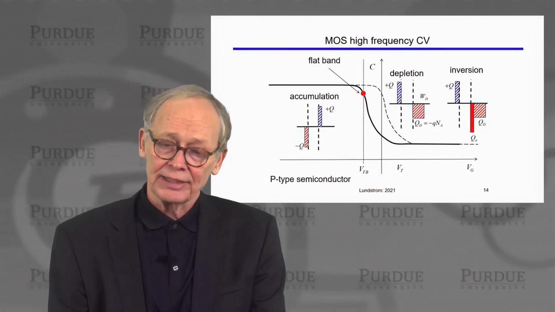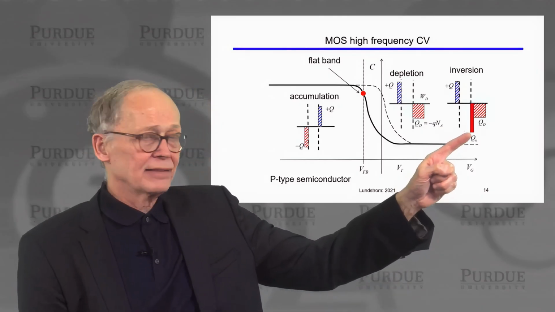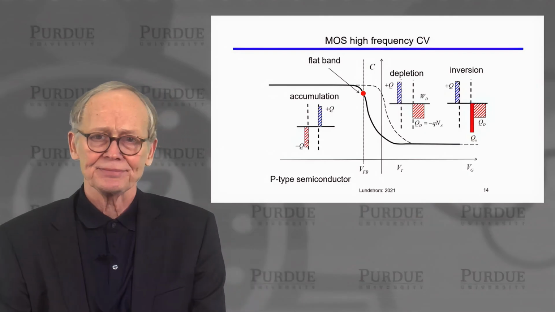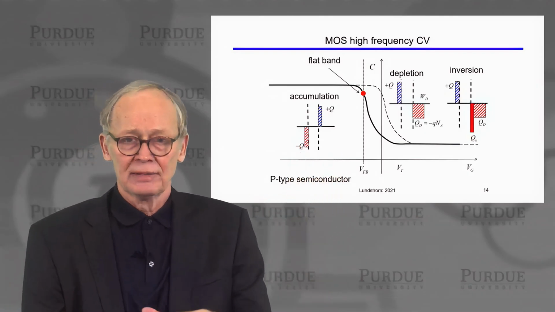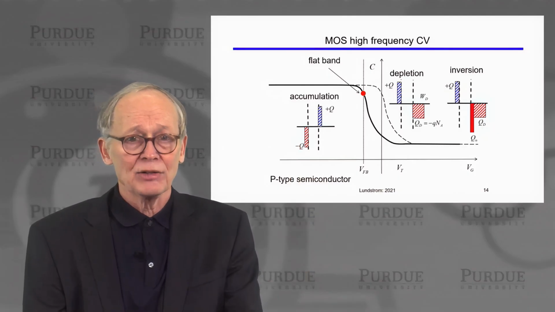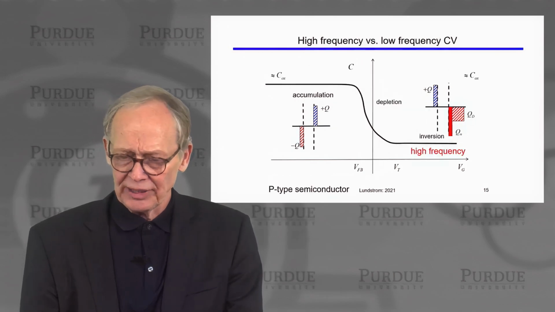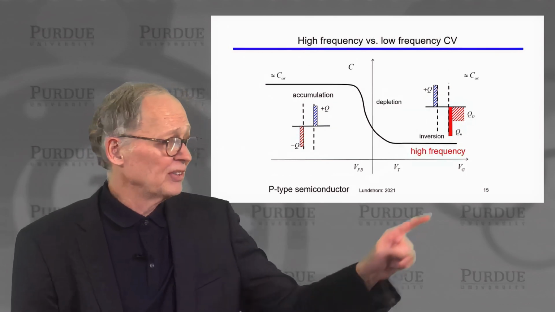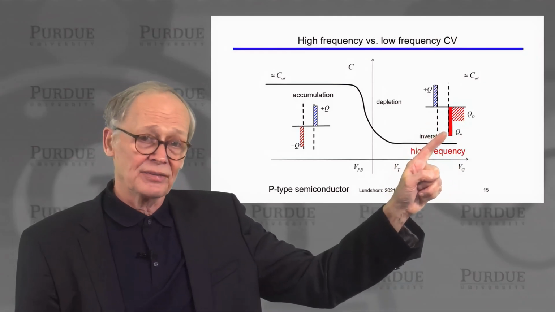When the semiconductor inverts, we get a highly conductive layer of mobile electrons right below the oxide. This might look very similar to the accumulation case. Metallic-like plates surrounding an oxide. Why don't we get the oxide capacitance? Well, the reason is, if we do this measurement at high frequencies, these charges are there, but they cannot follow the AC frequency.